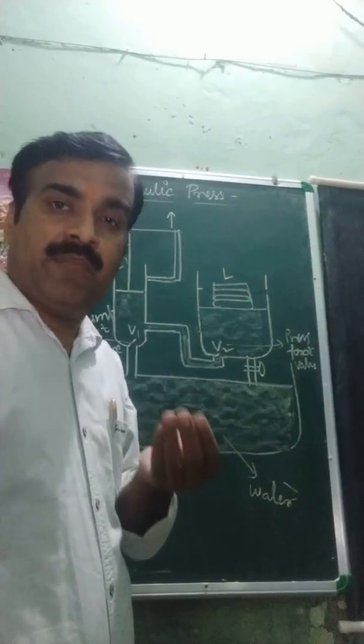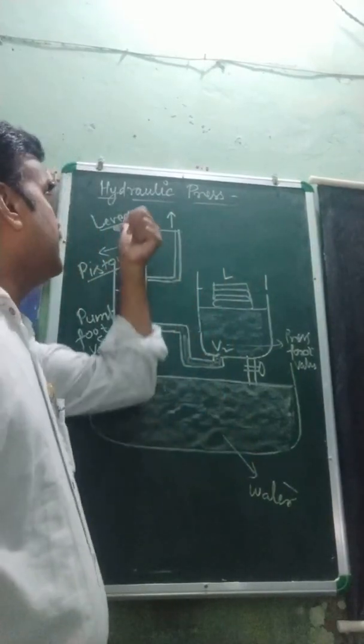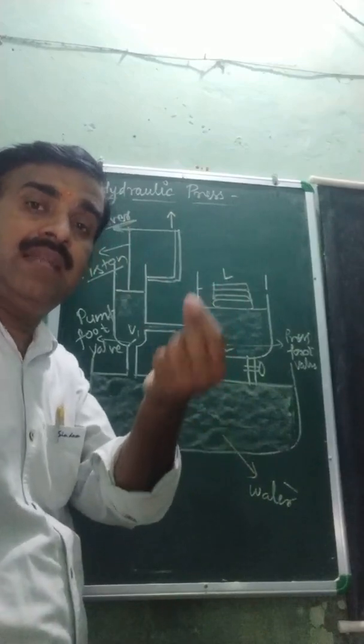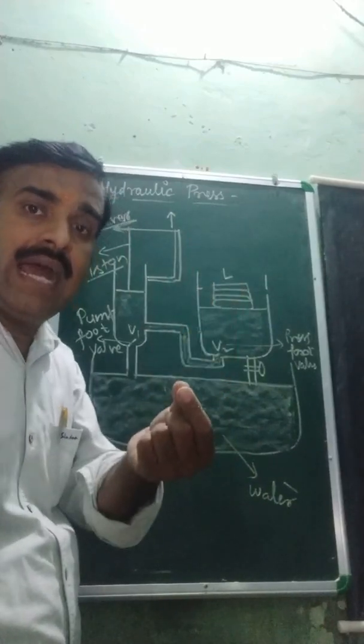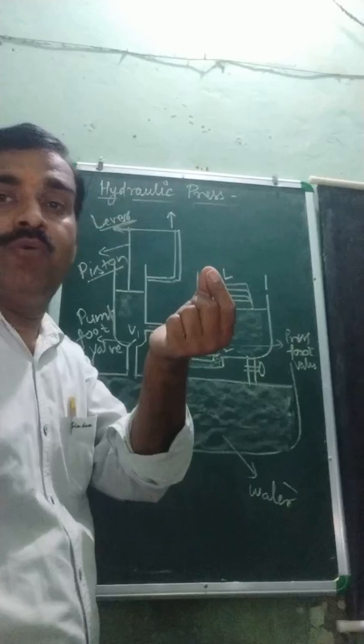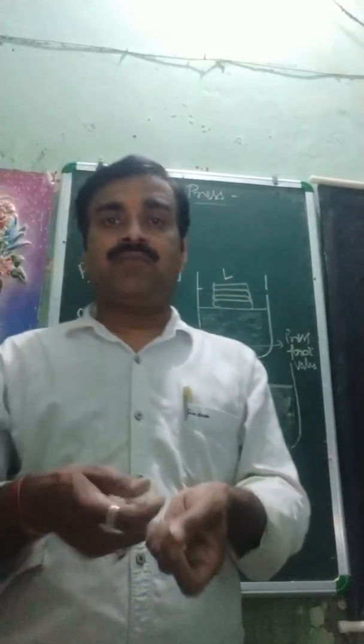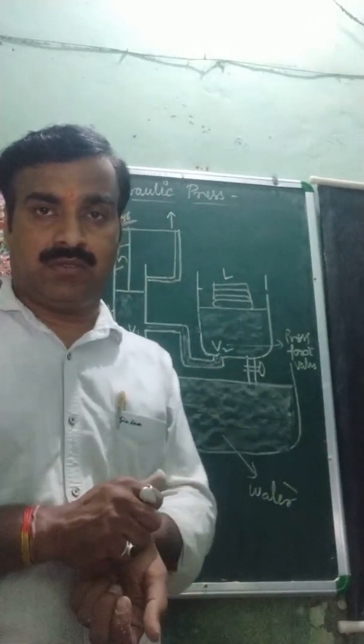The major role of this lever is to shift the piston in downward direction as well as in upward direction. In both directions we can lift it as well as we can press it also.